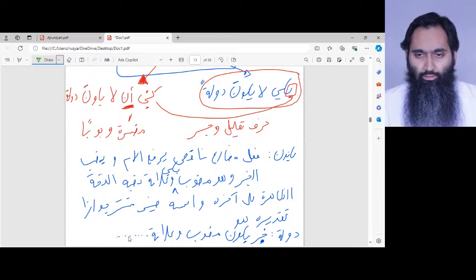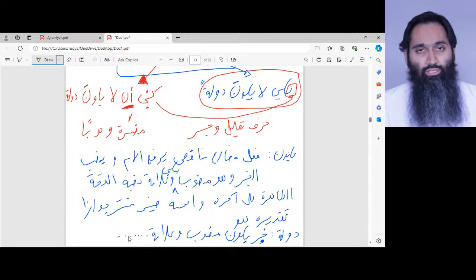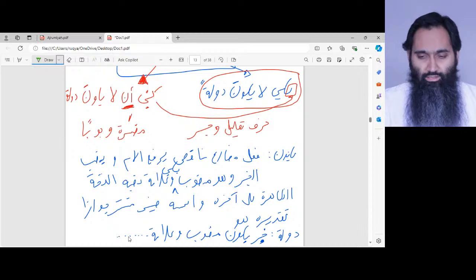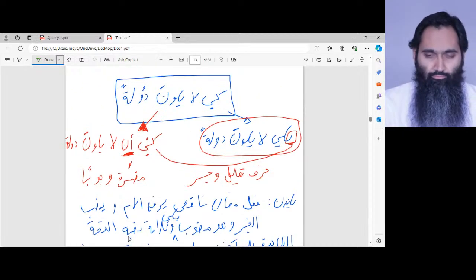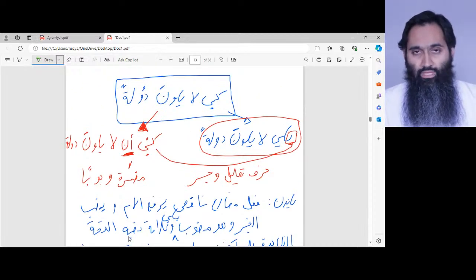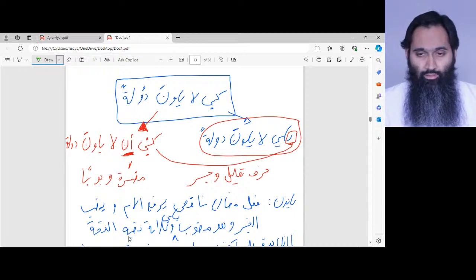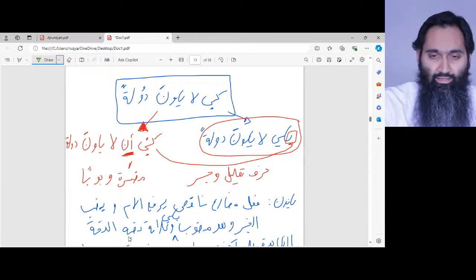Yes, we start with the i'rab here with the yakuna because this is all the same. So yes, if you want to do the i'rab of this lam, remember this lam is harfu ta'lil wa jar. We assume there's a lam there. Harfu ta'lil wa jar.